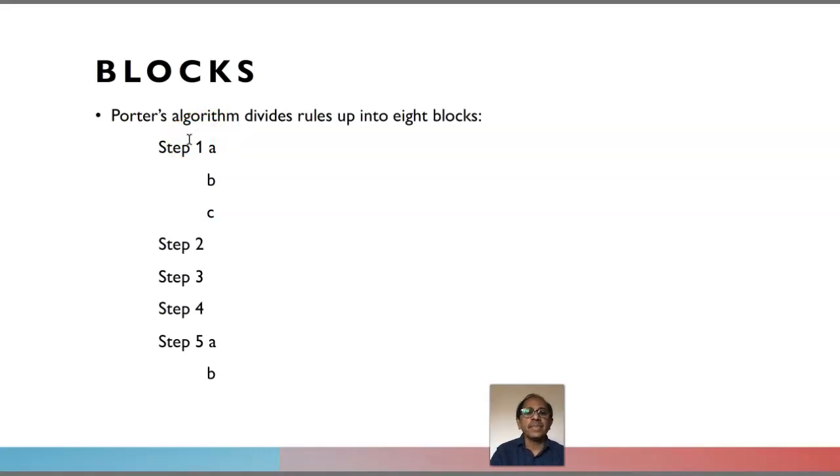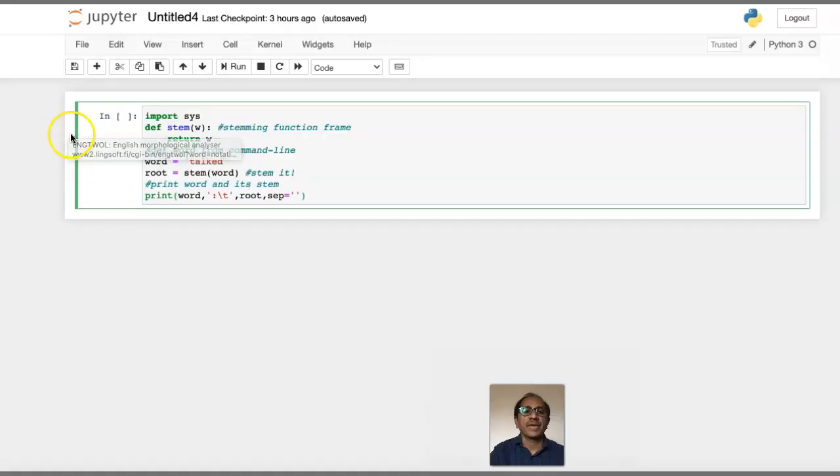Okay, we will look at this in the Jupyter notebook, how we can program using Porter's algorithm. Look at this, this is the basic program which we would like to have. Within this we are going to build all the other modules, all the functions, etc. So you import sys. We define stem(w), that means we are defining a stemming function.